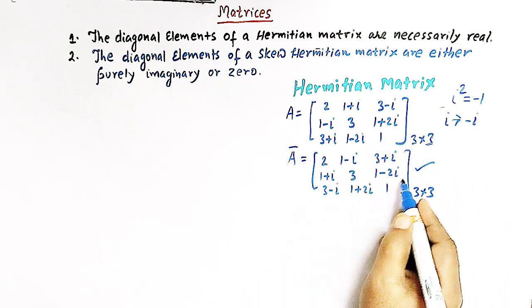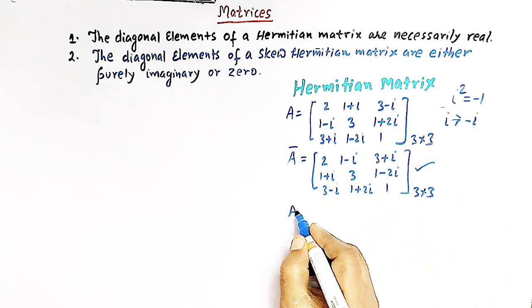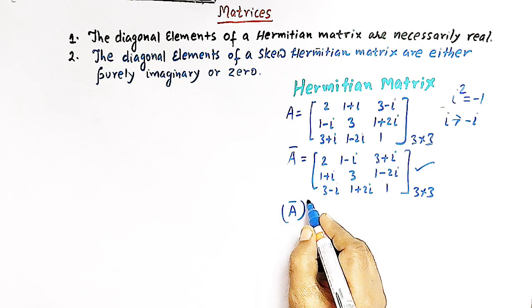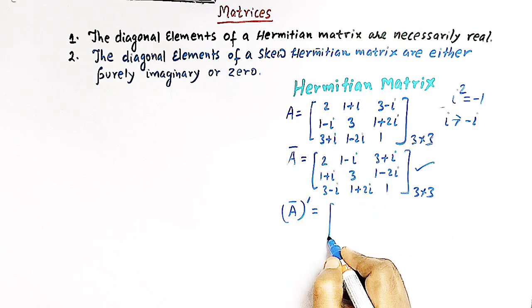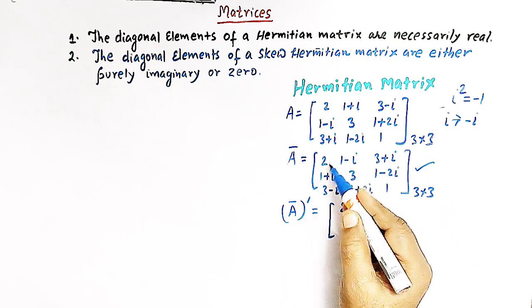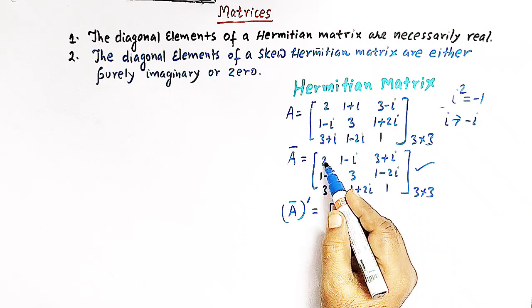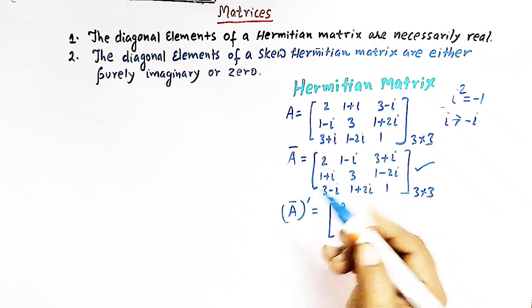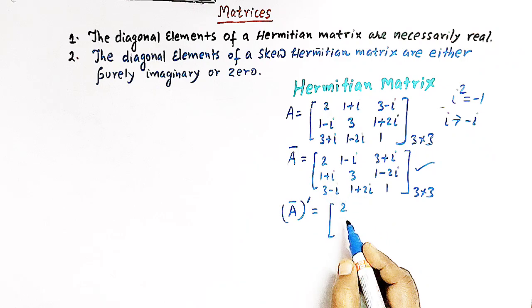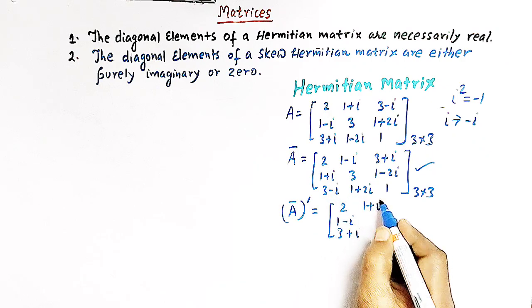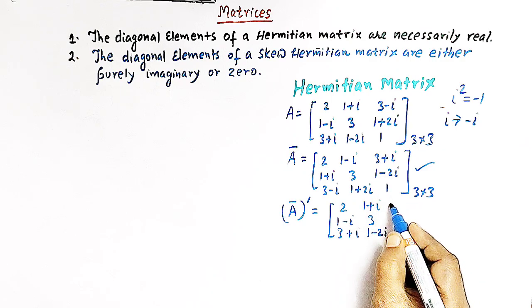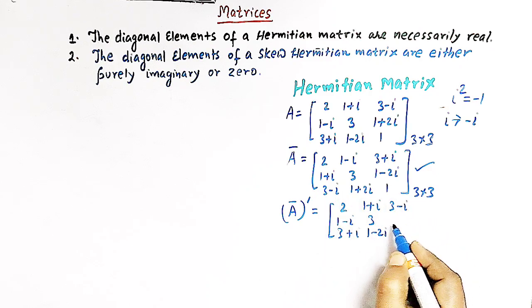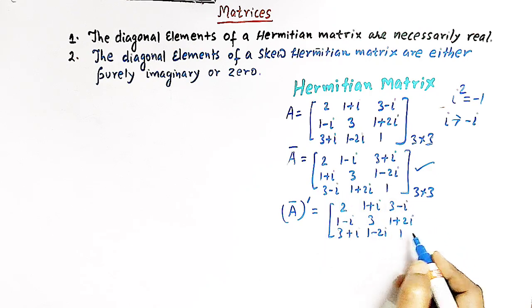Now let us find out the transpose of this matrix. So we have A bar, and here we write a dash or prime. To get the transpose of this matrix, we have to interchange the rows by columns. So we have 2, 1 minus i, 3 plus i, then 1 plus i, 3, 1 minus 2i, and then 3 minus i, 1 plus 2i, and here we have 1.